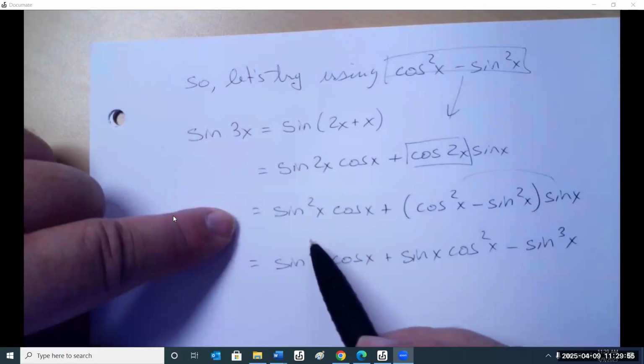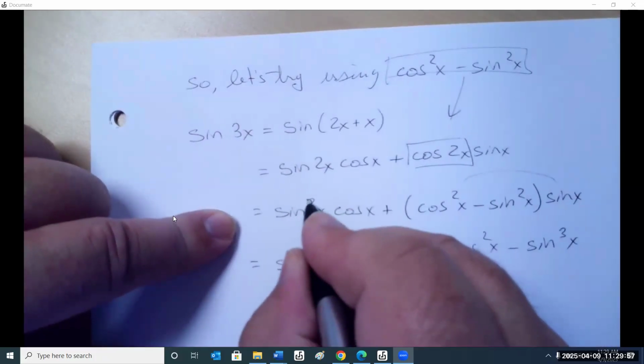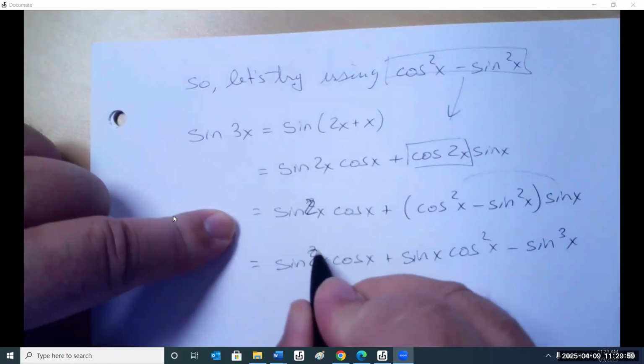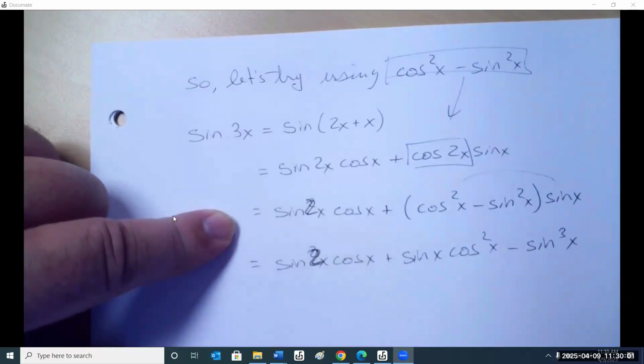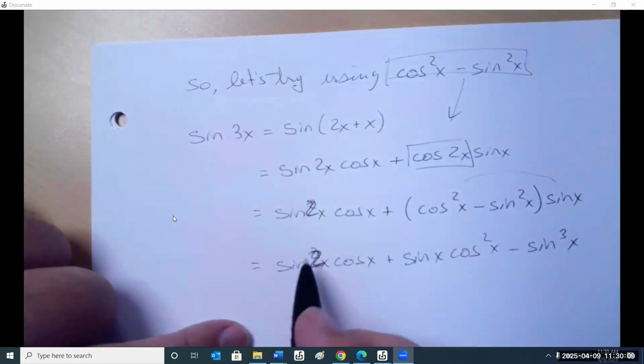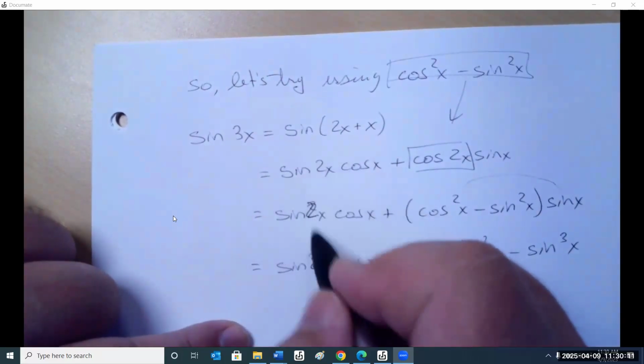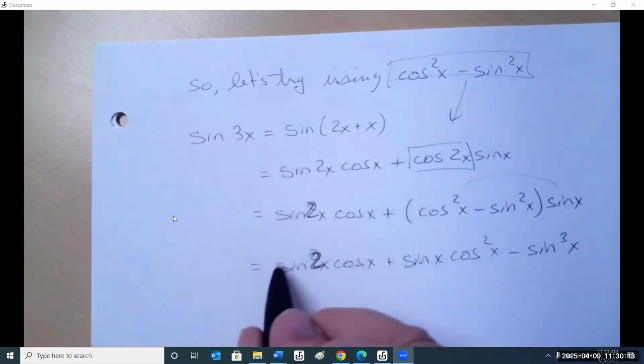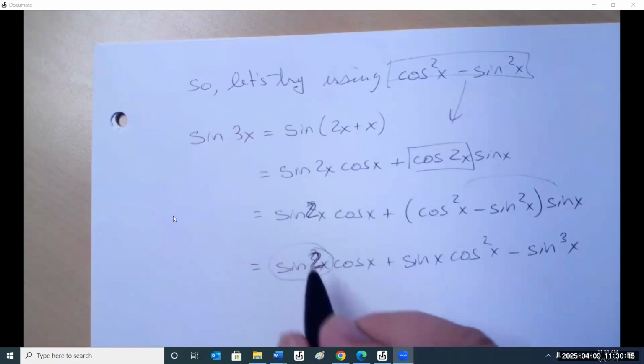Where did I get the square from? That's 2x. Yeah, I was a bit confused here. It's not sine squared, it's sine 2x. And so what is sine 2x?